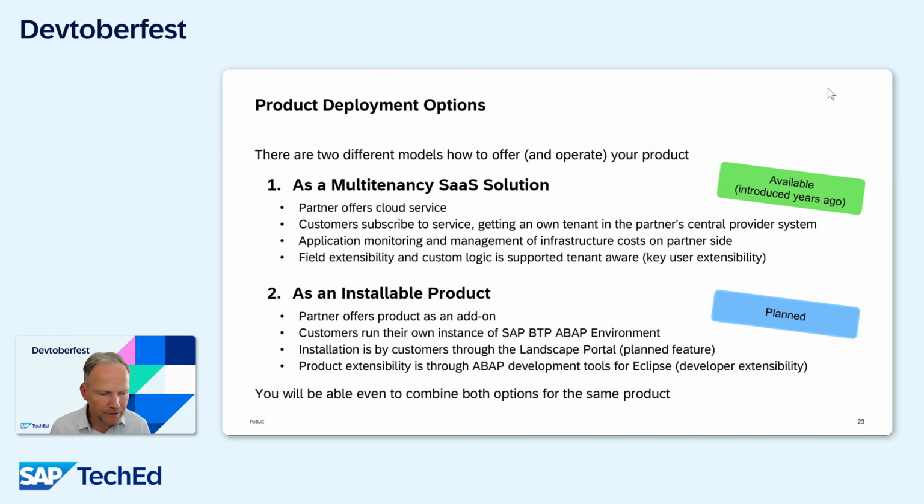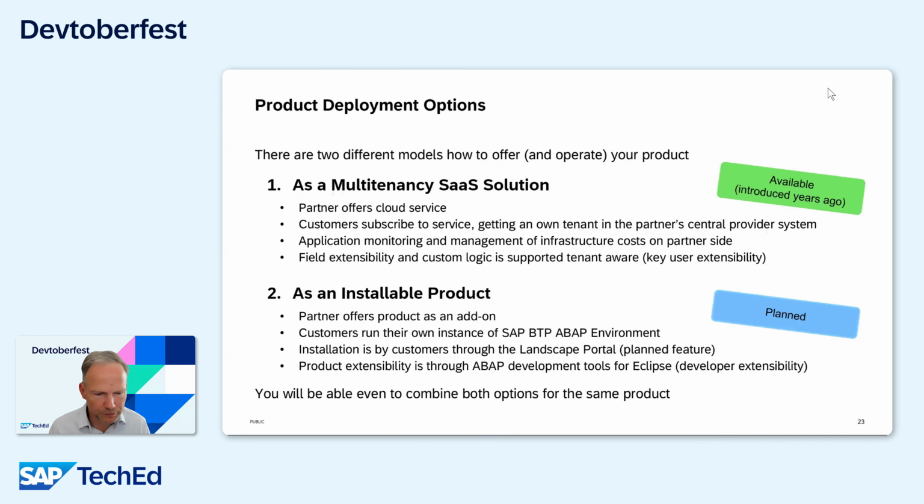And it would mean that the customer is installing this product into the customer's own instance of Steampunk. So therefore, the installation and also the maintenance and those things are completely in the responsibility of the customer. And we are providing a tool called Landscape Portal in order to support all these processes.